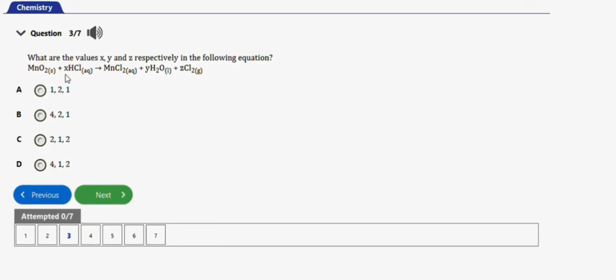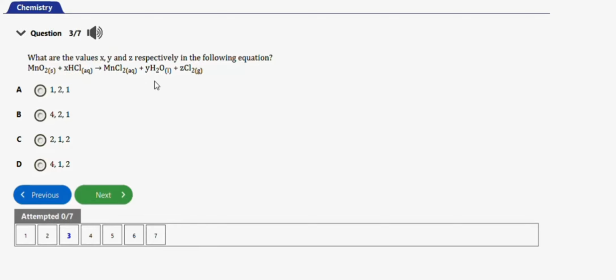So we need to go back to this equation. Since hydrogen is now 4, let's balance hydrogen here at the left. So you add 4 at this value of x. When you add 4 at this value of x, the hydrogen atom will now be 4, because these 2 at this value of y times these 2 below, the number of this hydrogen atom will now be 4. 2 times 2, 4. 4 here already, 4 here.